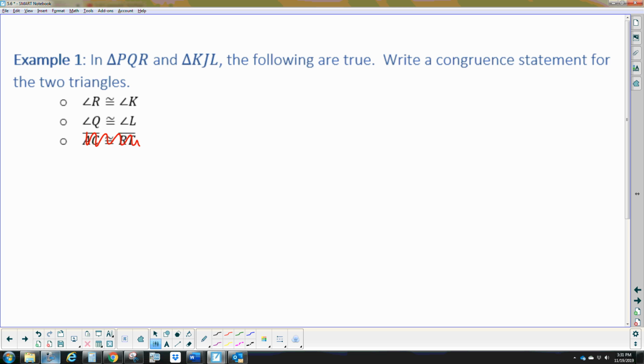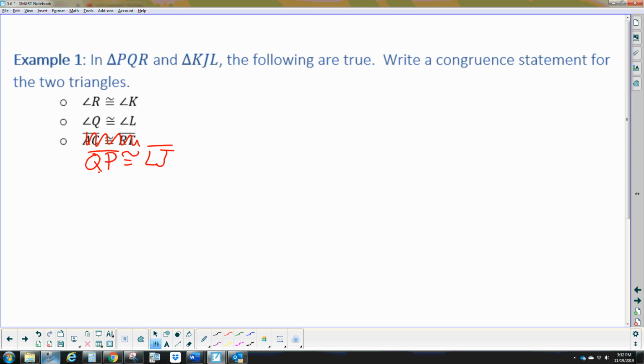So this should say side PQ is congruent to side LJ. So if all 3 of these statements are true in the 2 triangles, we need to write a congruence statement for the 2 triangles.